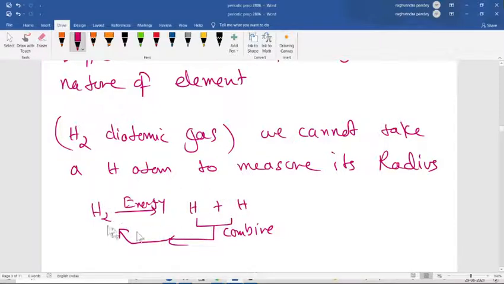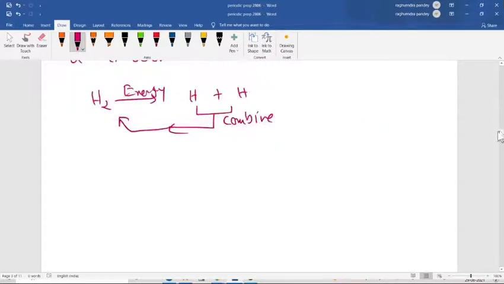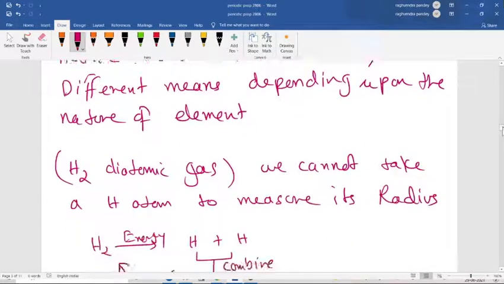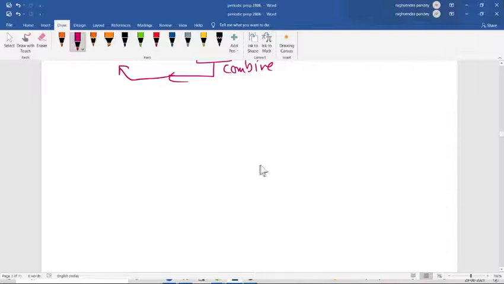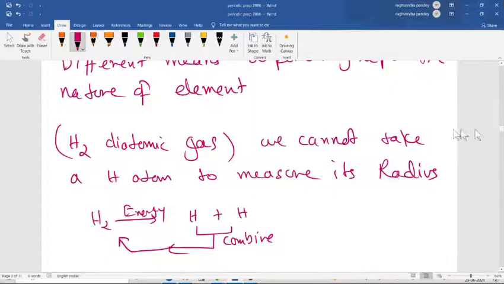In practical terms it is not good. So we take the hydrogen molecule and measure the entire diameter.